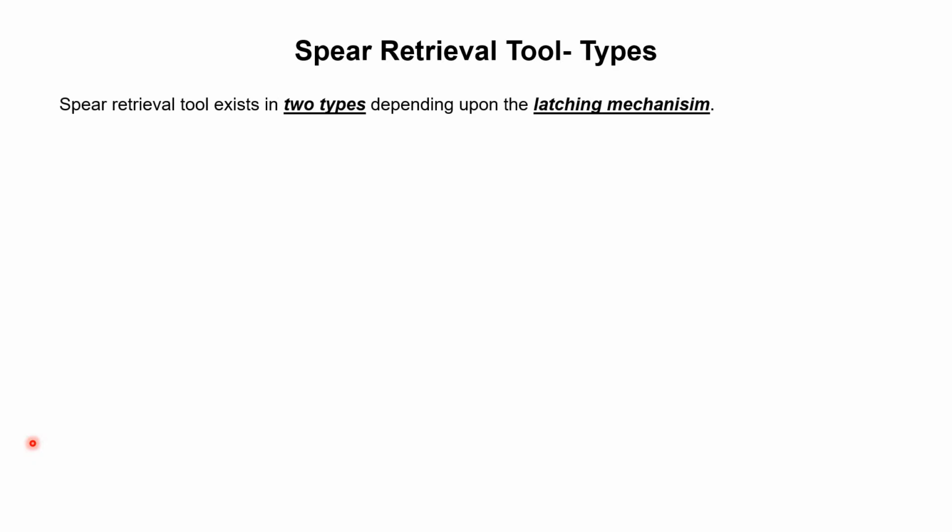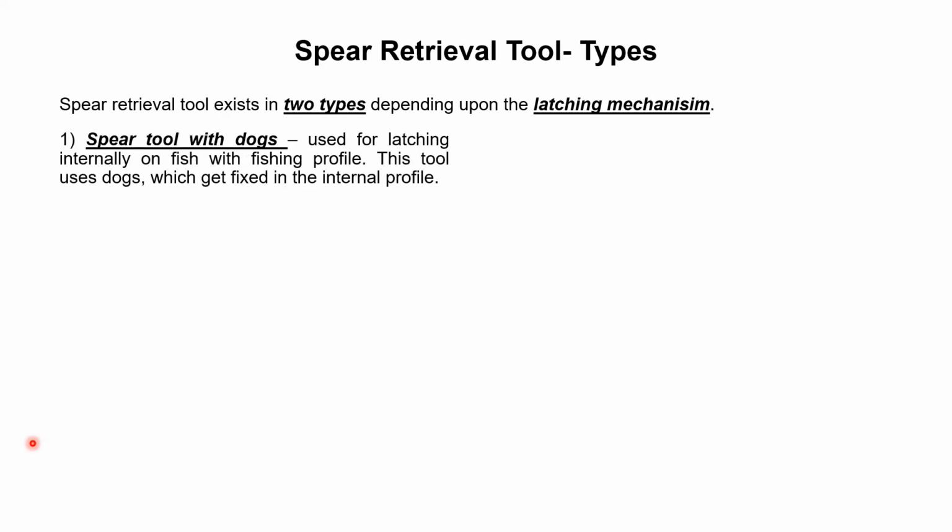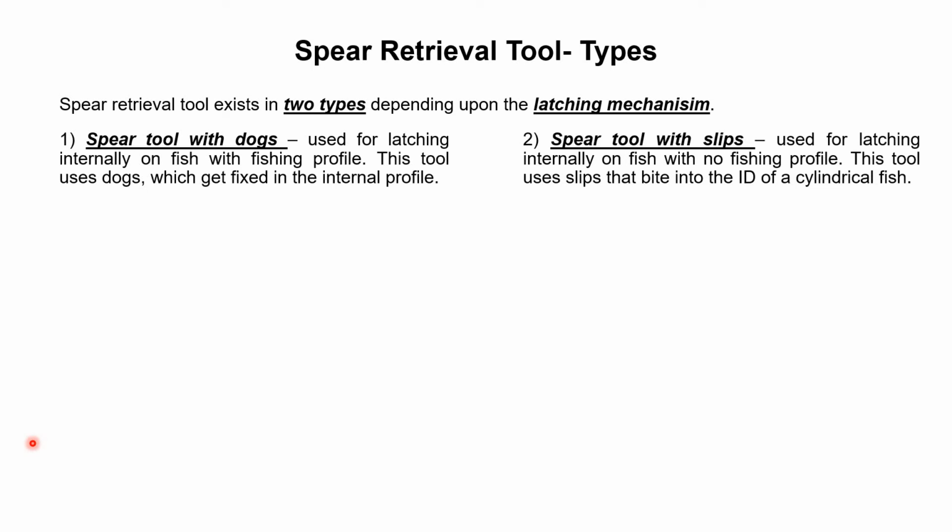Okay, now we'll see the types of spear retrieval tools. Spear retrieval tools exist in two types depending upon the latching mechanism, that is, how they latch the downhole fish. The first type is spear tool with dogs, and the second type is spear tool with slips.